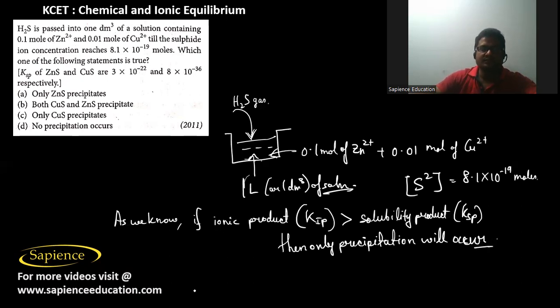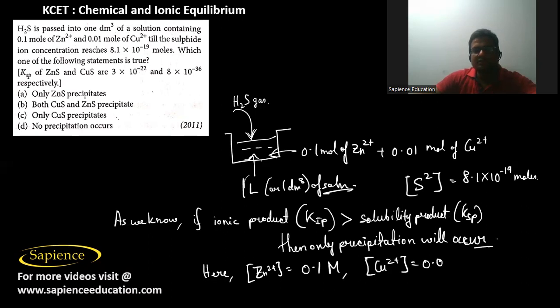So here the concentration of Zn2 plus is 0.1 mole divided by 1 liter, so that is 0.1 molar, and the concentration of Cu2 plus is 0.01 molar, and the concentration of sulfide ion is 8.1 into 10 power minus 19 molar.